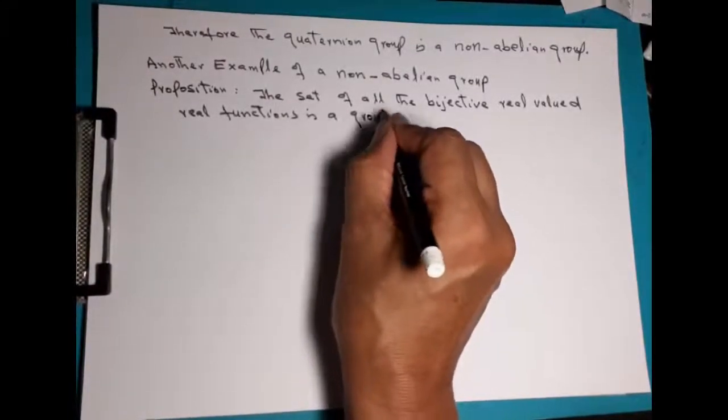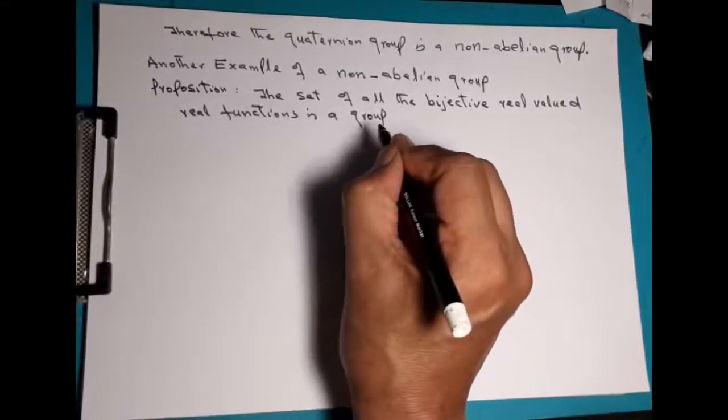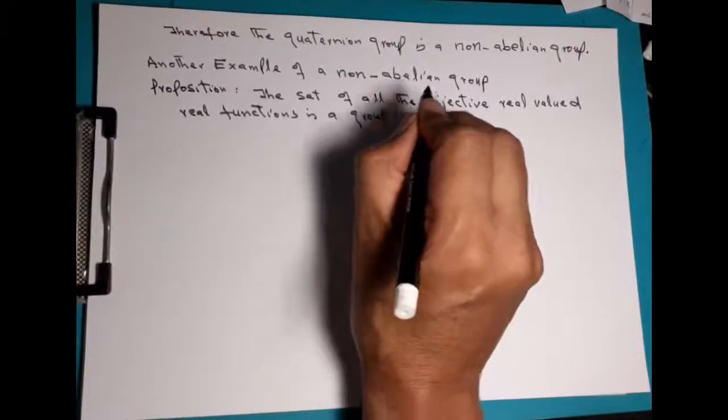In fact, we can take bijective maps from a set onto itself.